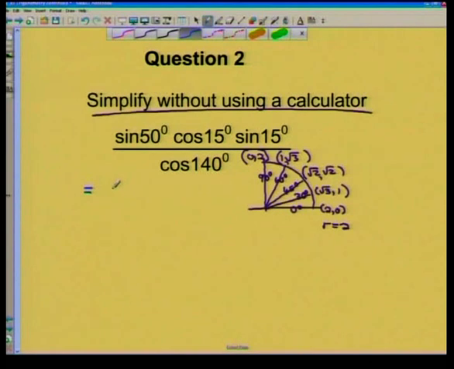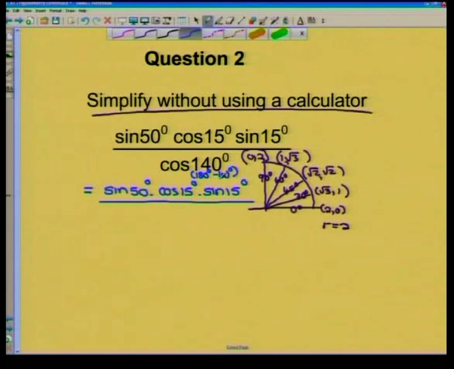And over here, do you agree with me that the sine of 50 degrees will stay just that? The cos of 15 will stay just that. And the sine of 15 will stay just that. However, this 140 can be replaced with 180 minus 40. And the moment I do that, I can see that in the second quadrant, cos is negative. So this will become minus cos 40 degrees.